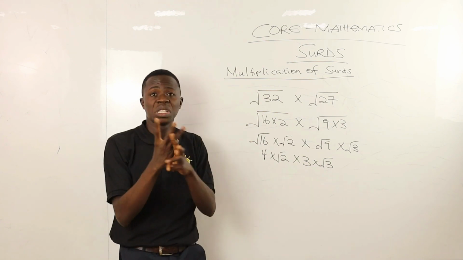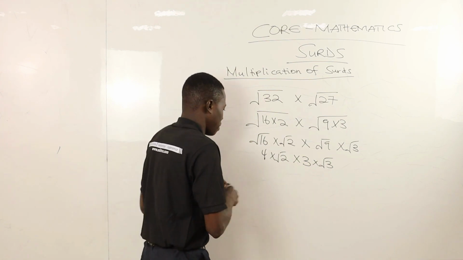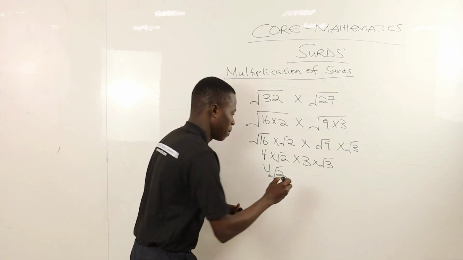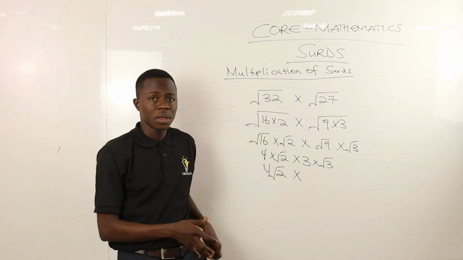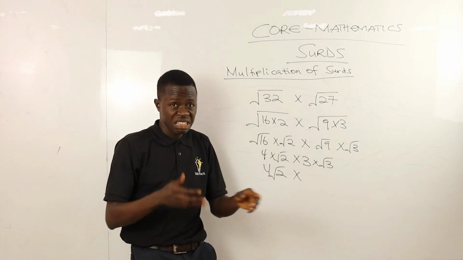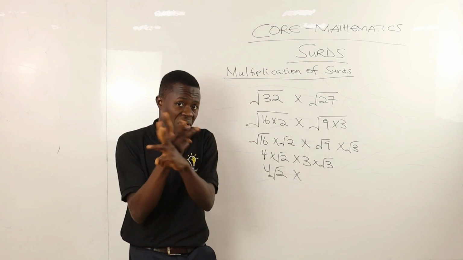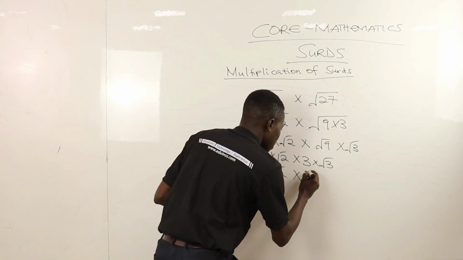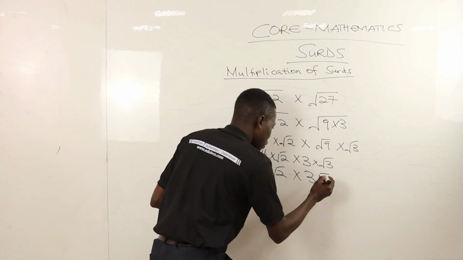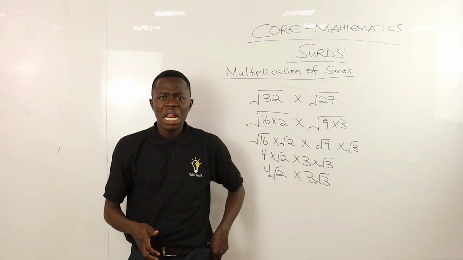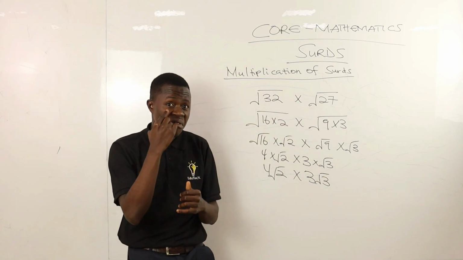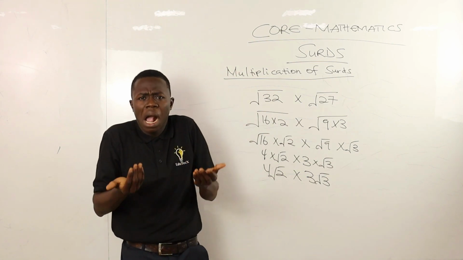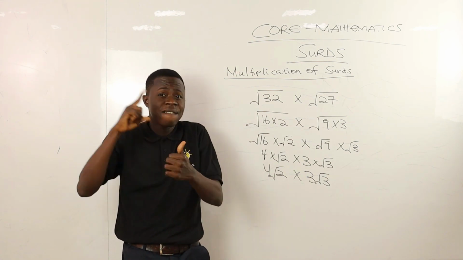So now we can focus on our multiplication. So further simplifying it, 4 square root of 2 multiplied by 3 square root of 3. Now we remember what exactly we've talked about in this lesson.